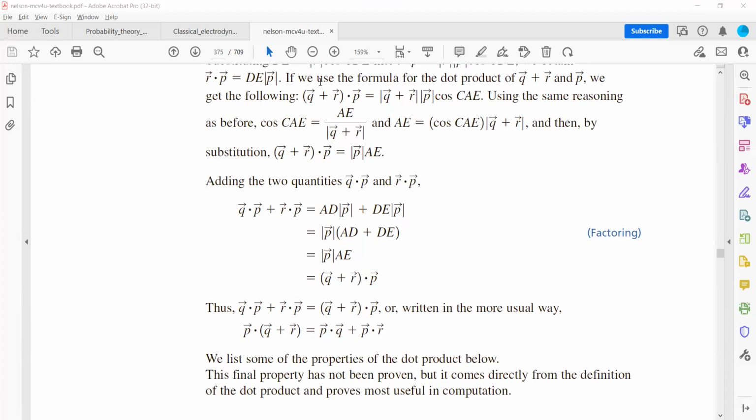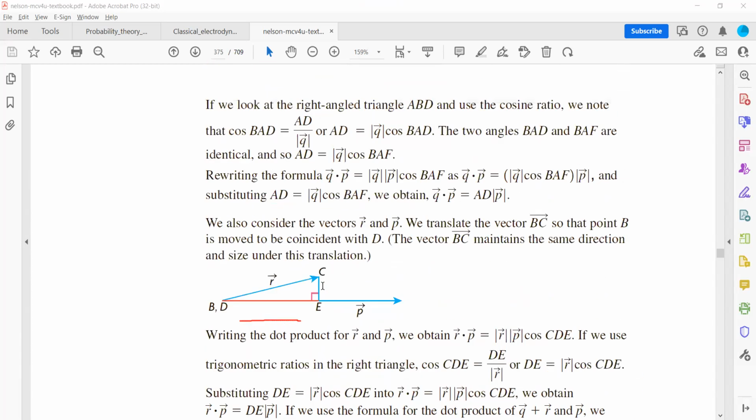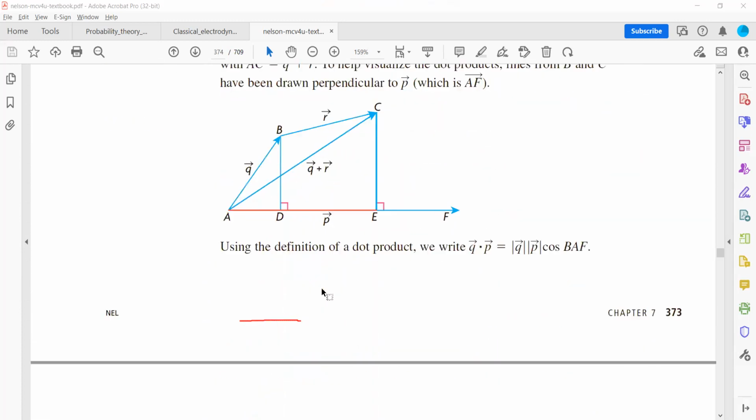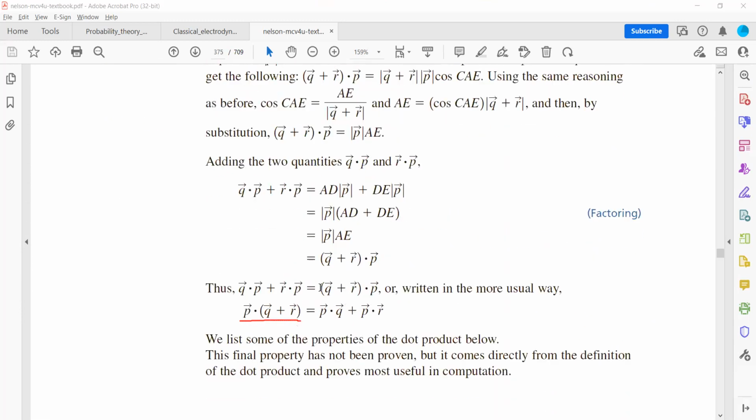And modulo P times AE, we know it equals Q plus R times dot product P. So we can conclude that the distributive property is fulfilled for dot product. Am I right? It looks about right. We got the same equality after simplifying everything.